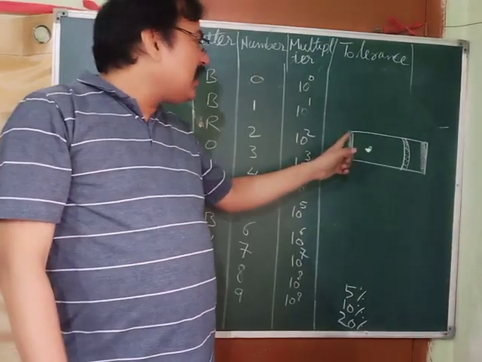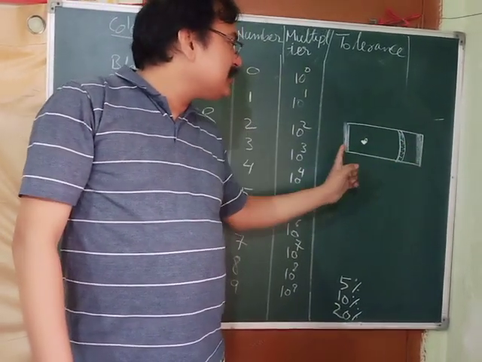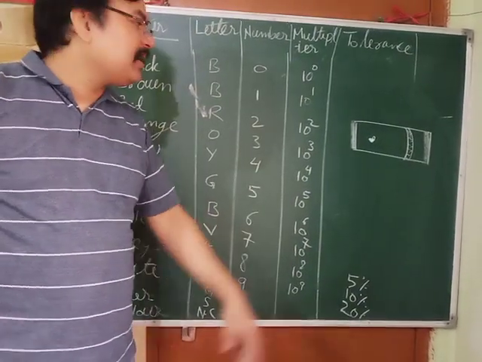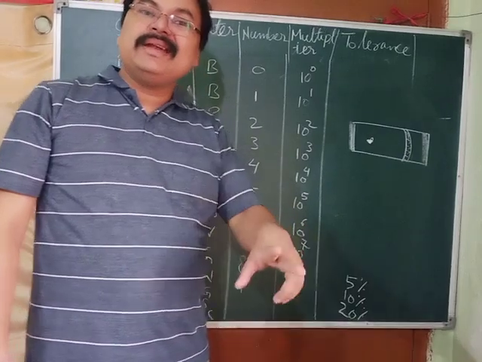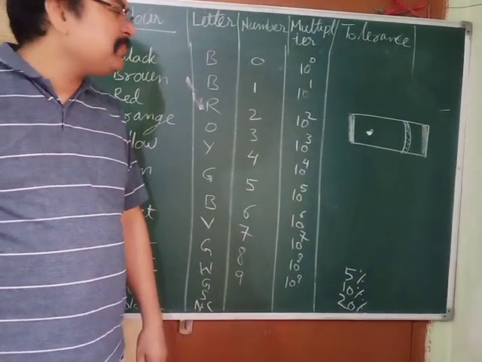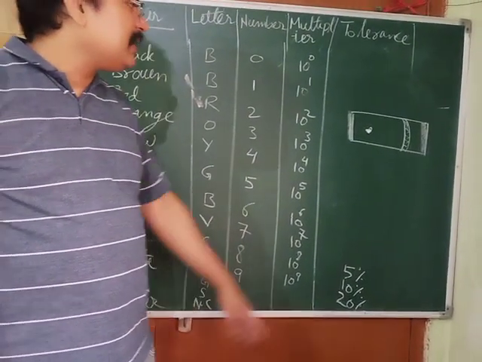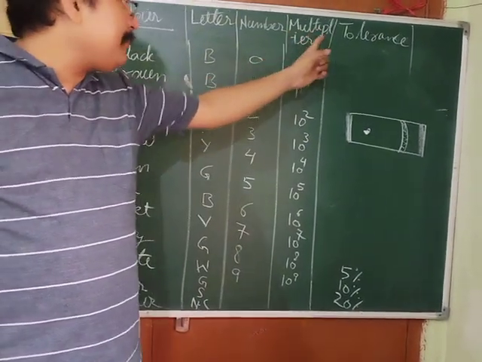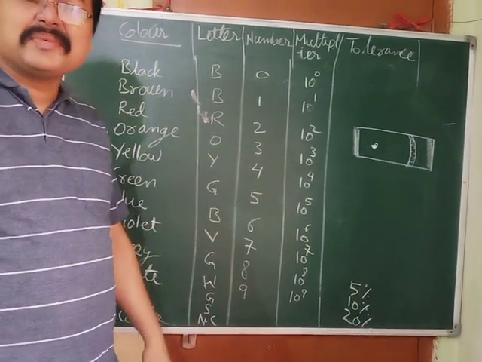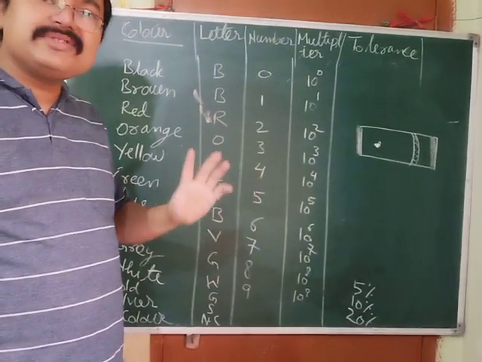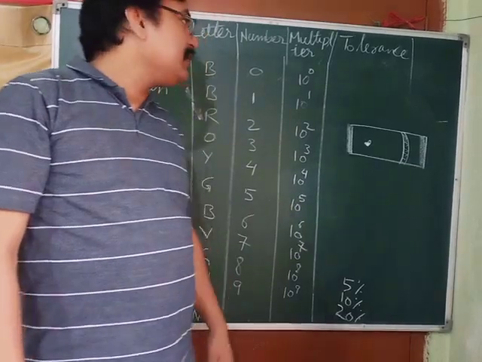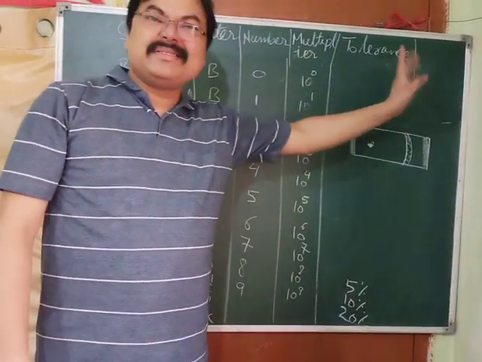The color of the ends gives the second digit. The color of the dot gives the multiplier. And the color of the ring gives the tolerance.